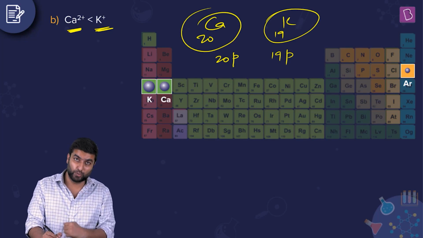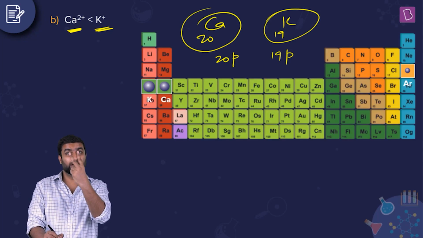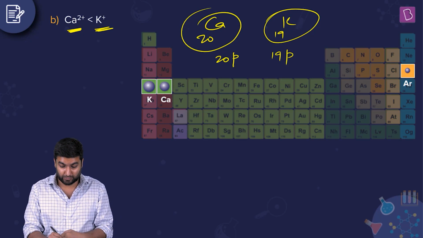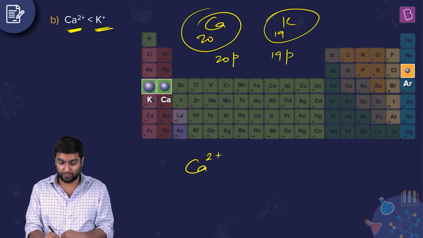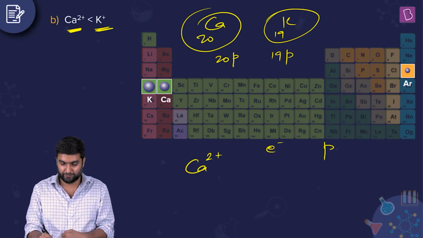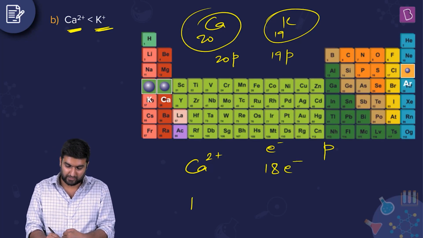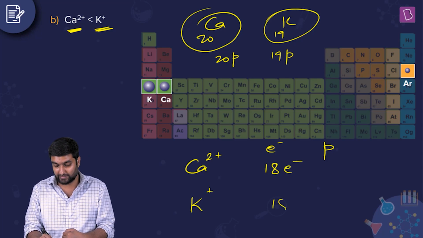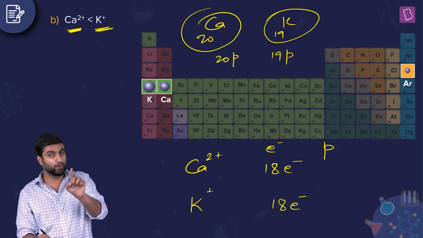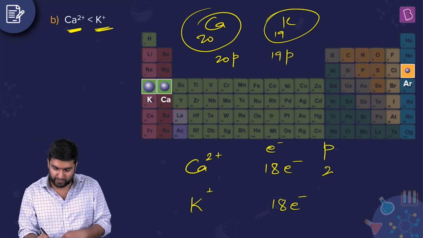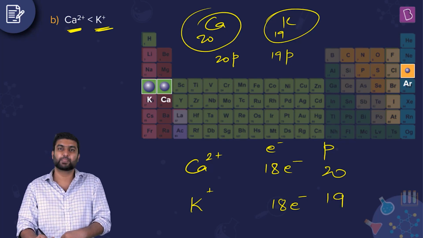But now you rip 2 electrons from calcium, right? So Ca2+ has 18 electrons. K+ also has 18 electrons. Proton wise, however, the story is slightly different, right?